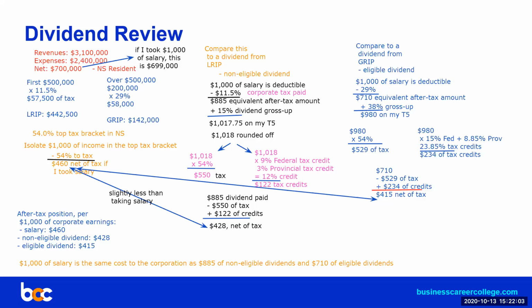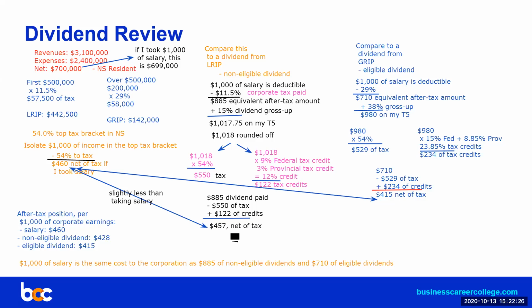Yeah, I just did my basic math wrong. This should be $457. I just made a math error here. 885 minus 550 plus 122 is 457. There, that's so much better.